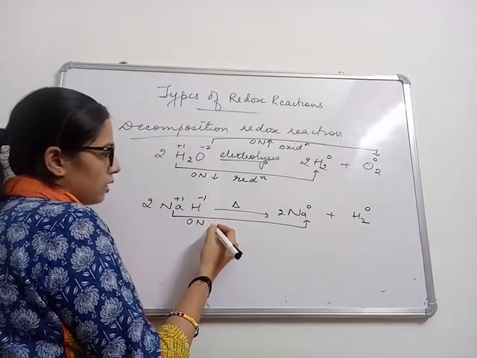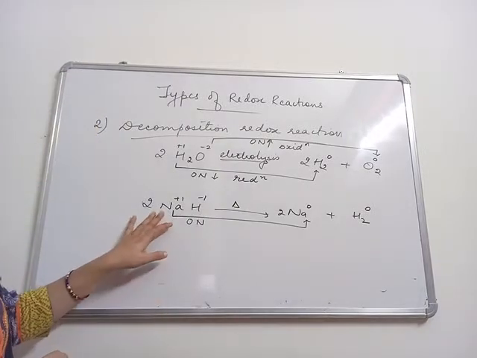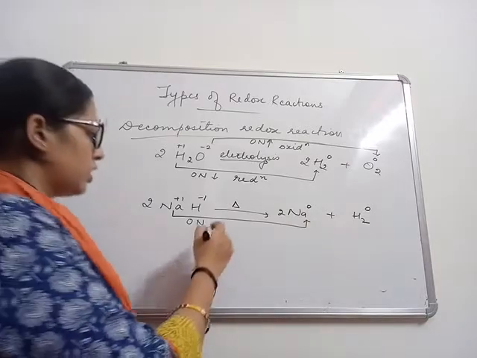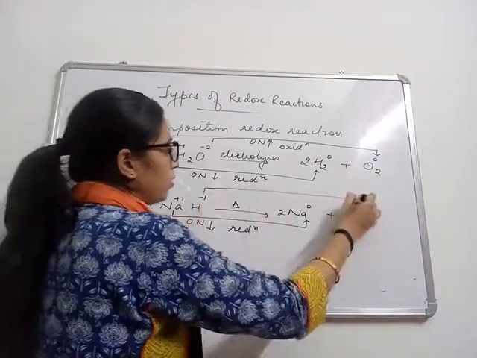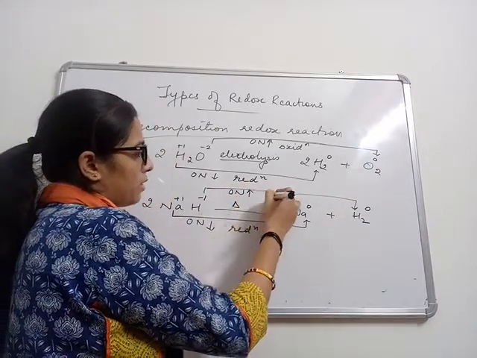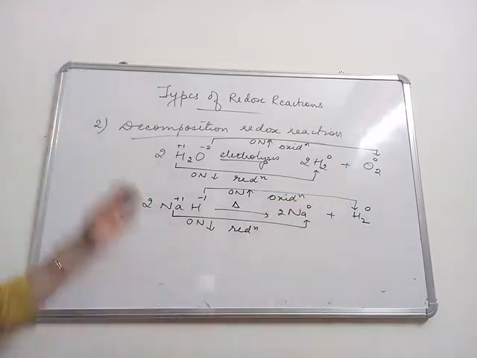So what is it doing? It is gaining an electron. +1 to 0, there is a decrease in the oxidation number, so it undergoes reduction. -1 to 0, what happens? It loses an electron, oxidation number increases and it undergoes oxidation. So it's a redox as well as a decomposition reaction.